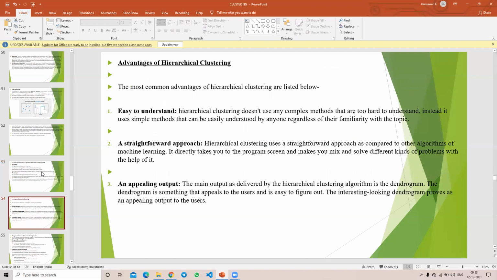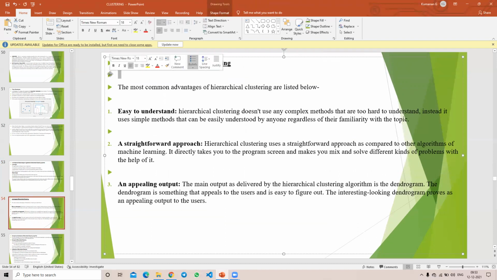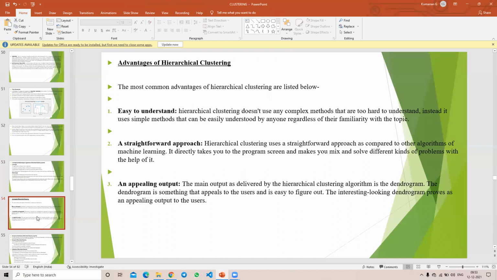Next, advantages of hierarchical clustering. The most common advantage of hierarchical clustering is that it is easy to understand. Hierarchical clustering doesn't use a complex method that is too hard to understand. Instead, it uses a simple method that can be understood by anyone regardless of their familiarity with this topic. A straightforward approach: hierarchical clustering uses straightforward approaches compared to other machine learning algorithms.